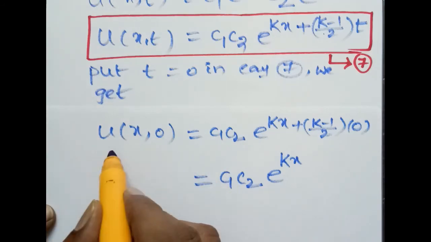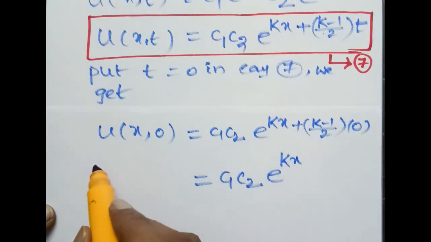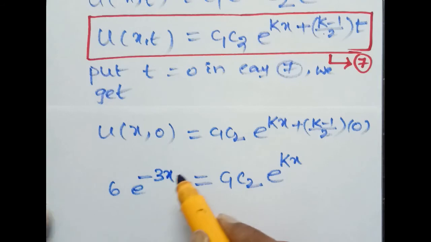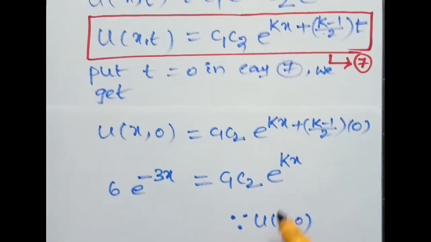Therefore substituting equation number 2 in the above equation, this value is equal to 6 into e to the power of minus 3x, since from equation number 2, u of x comma 0 is equal to 6 into e to the power of minus 3x.